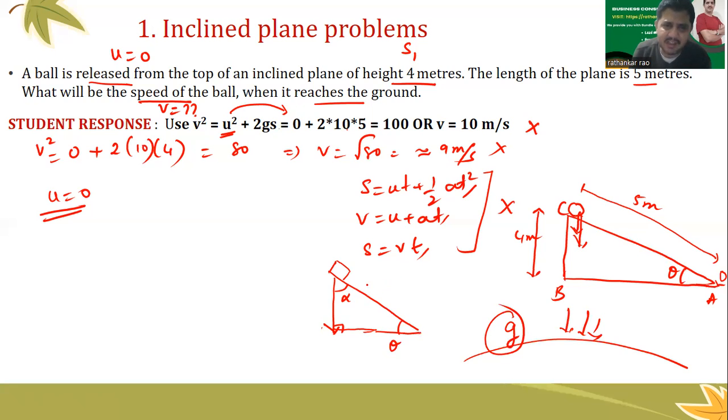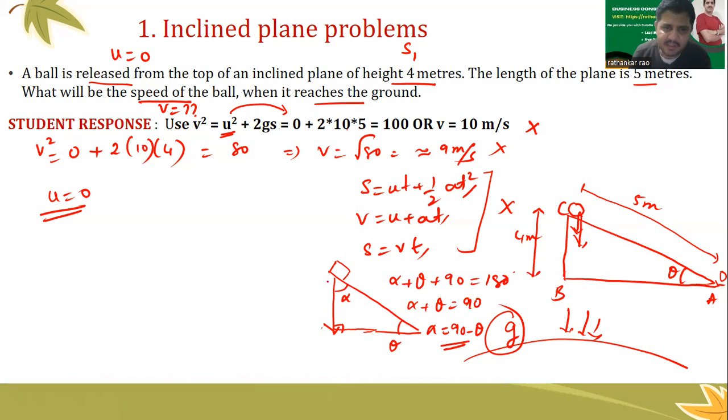So therefore, in a triangle, we know that alpha plus theta plus 90 is equal to 180. Why does this 180 come? Because this is nothing but the sum of the angles in a triangle, right? So therefore, alpha plus theta is equal to 180 minus 90, which is 90 degrees. Or alpha, which is an unknown, is nothing but 90 minus theta, right? So this value of alpha is 90 minus theta.